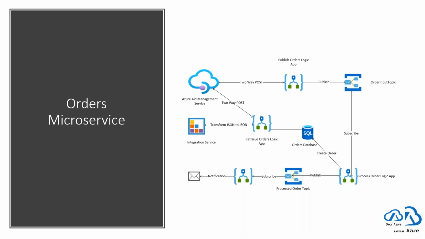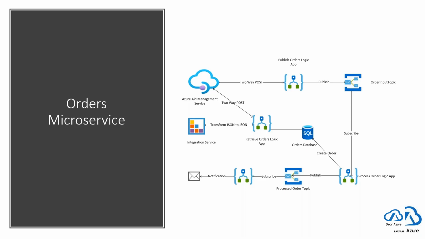It requests an order from the customer that visits our site and accepts the payment. After that, it has to save that order into the orders database. So the orders microservice really has only two tasks.